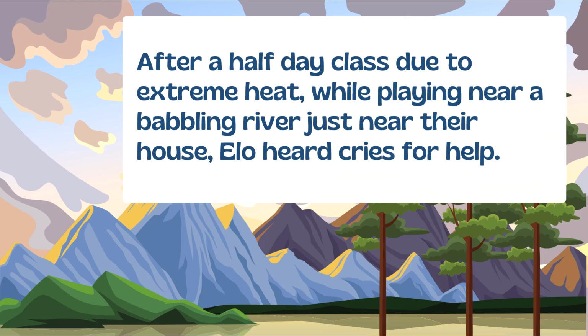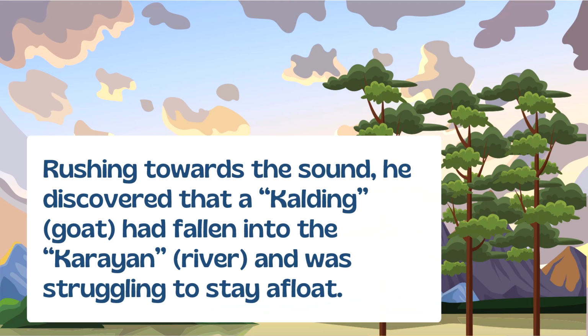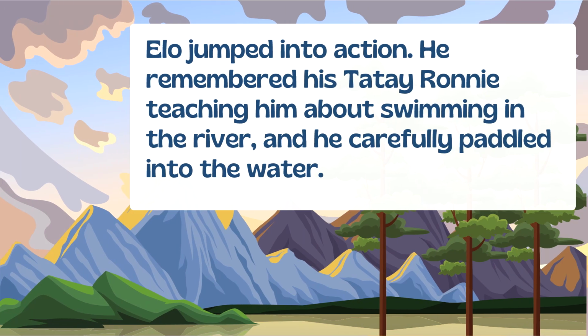After a half-day class due to extreme heat while playing near a babbling river just near their house, Elo heard cries for help. Rushing towards the sound, he discovered that a kalding, or goat, had fallen into the karayan, or river, and was struggling to stay afloat. Elo jumped into action.